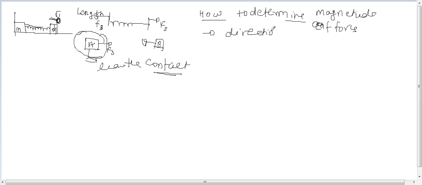You have to determine the direction of force.